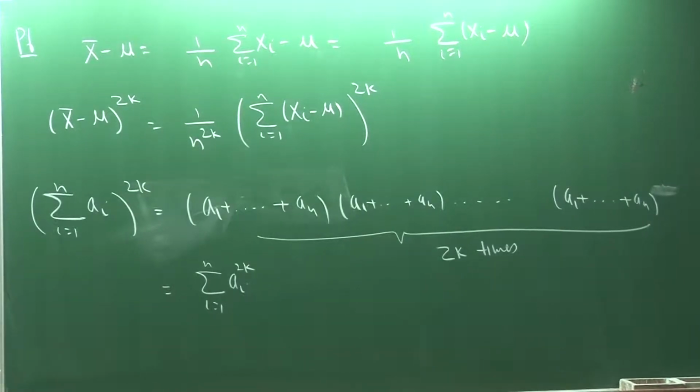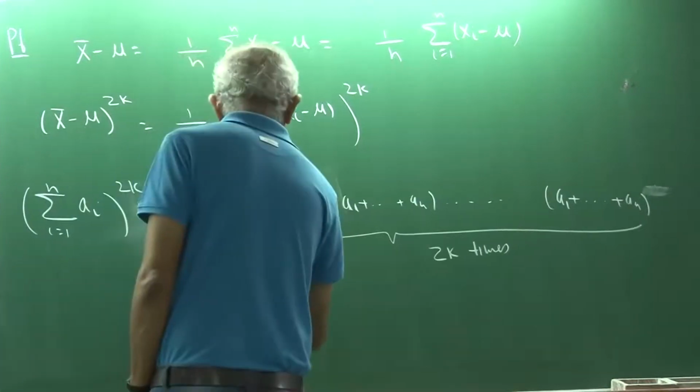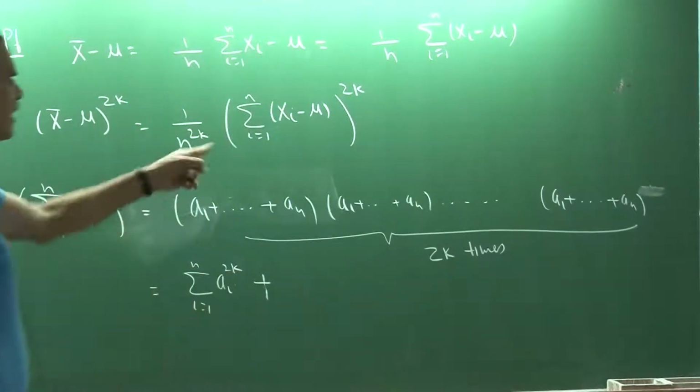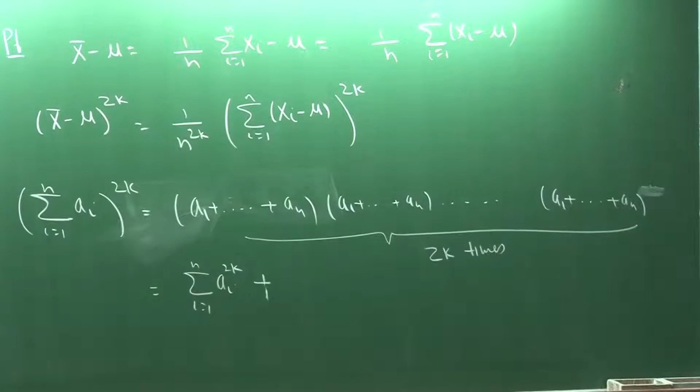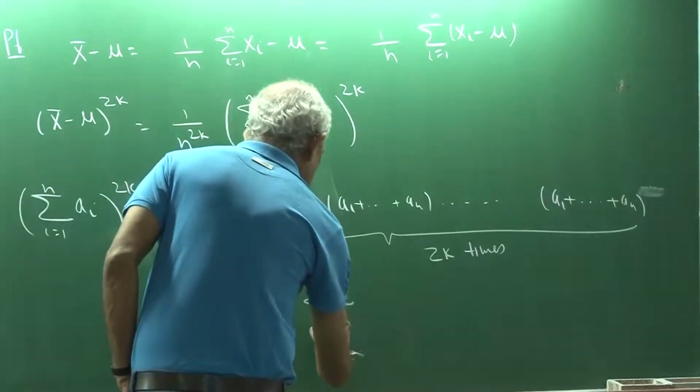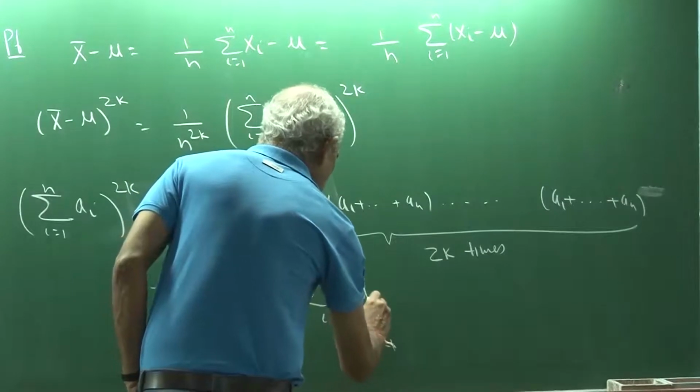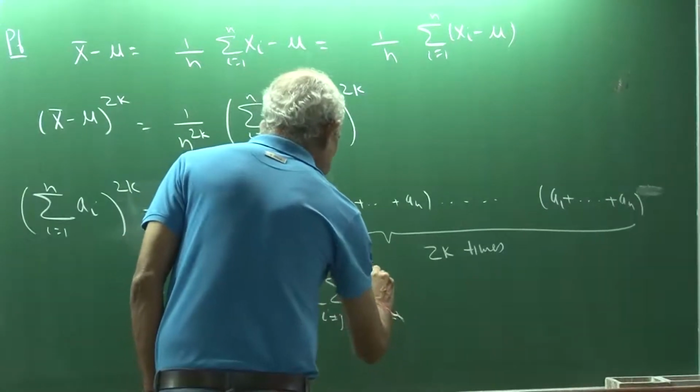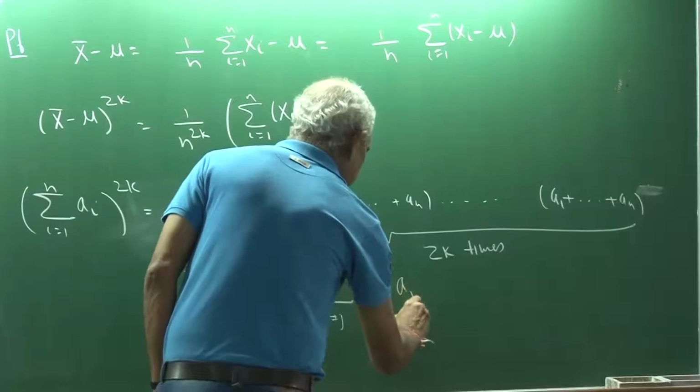And there is no choice for me because it is coming from each of them. Then, what is the possibility? ai is coming from 2k minus 1 of them, and from the remaining one something else is coming. So it could be of the type summation i not equal to j, ai to power 2k minus 1 into aj.